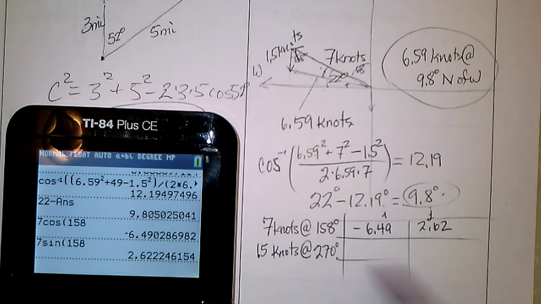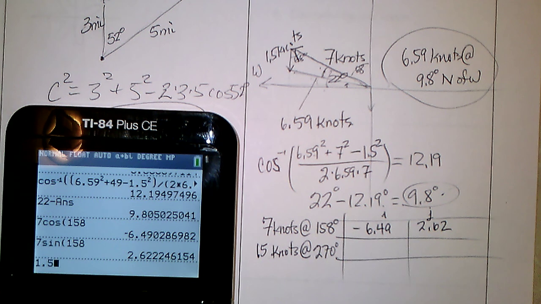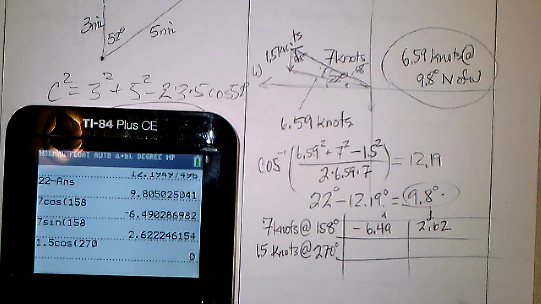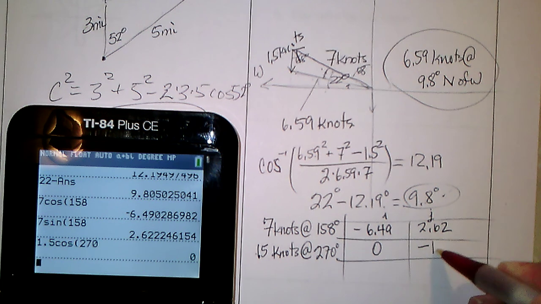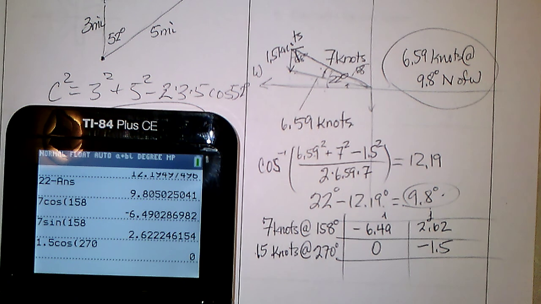Now I do 1.5 cosine 270. Really don't need to do this because I know that's going to be 0, and this is straight down, so it's minus 1.5, but just to show you.